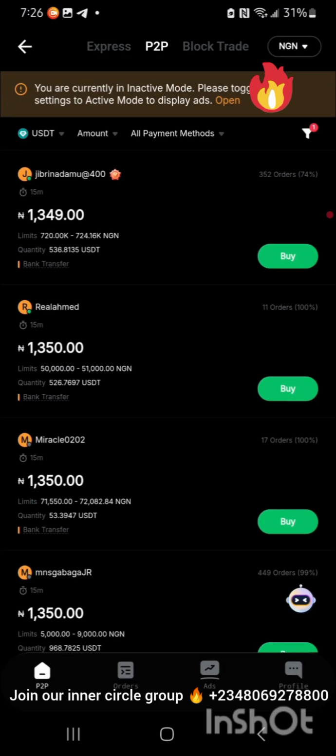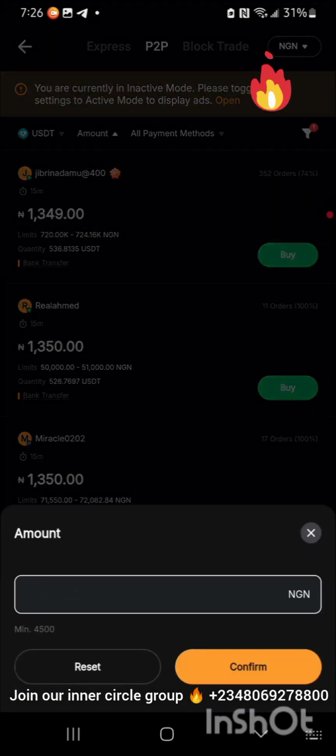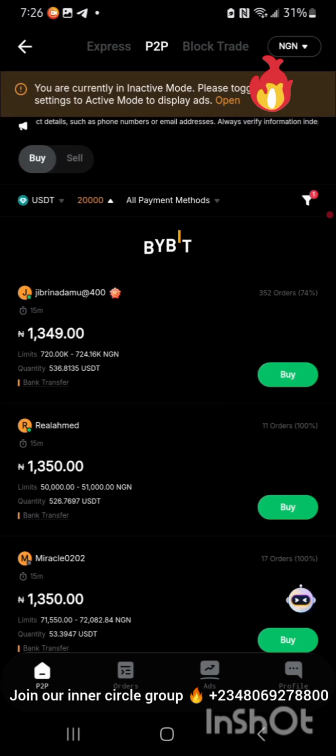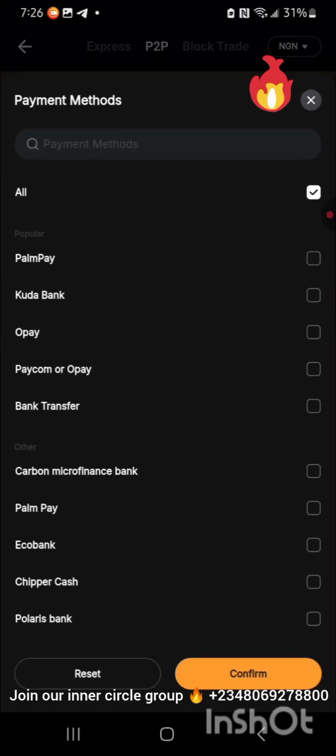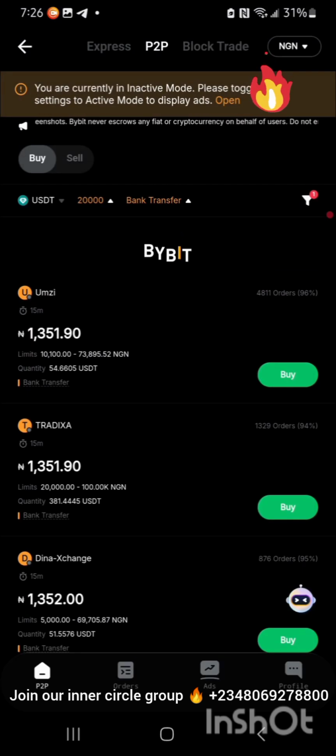After changing it to NGN, you can set your amount. For instance, you can click on amount here and set your minimum amount to be like 20,000, and then click on confirm. Then you set your payment method to bank transfer, so that you can do this trading with just bank transfer.